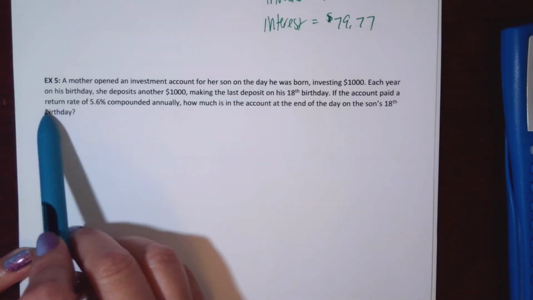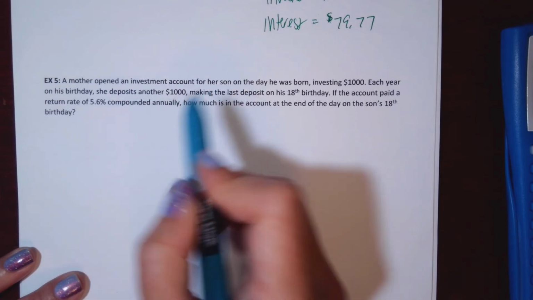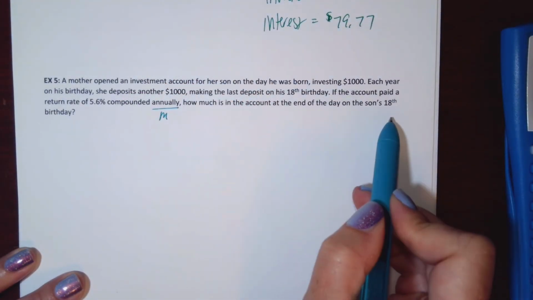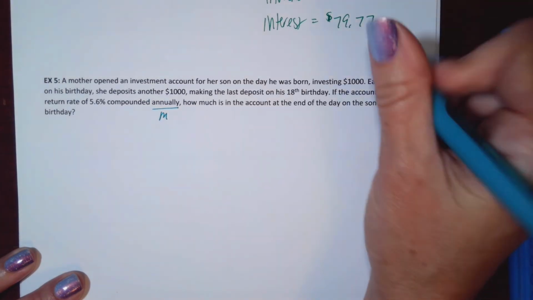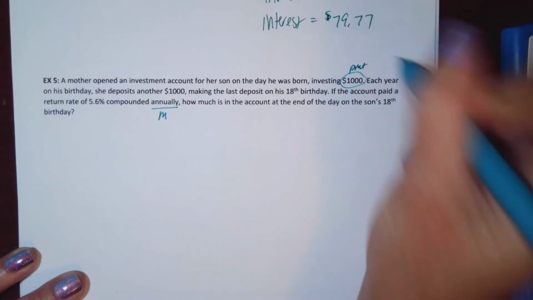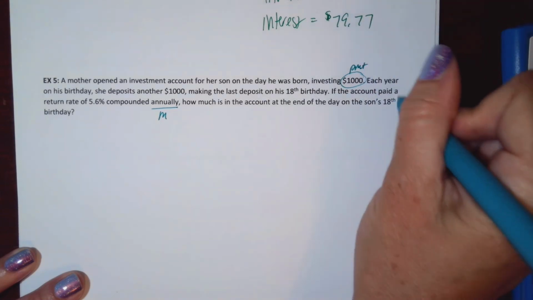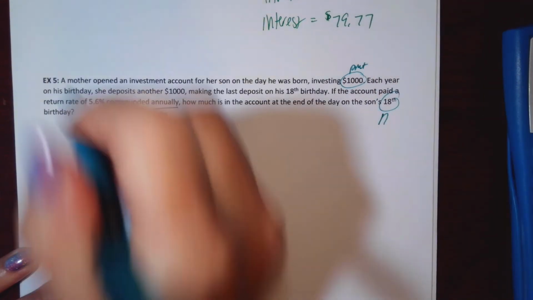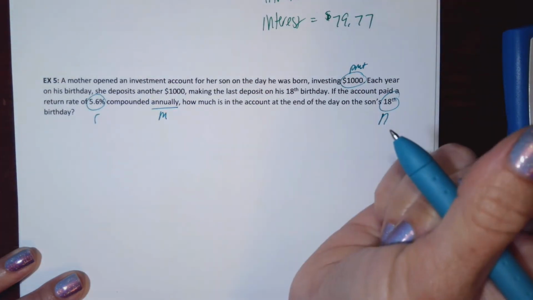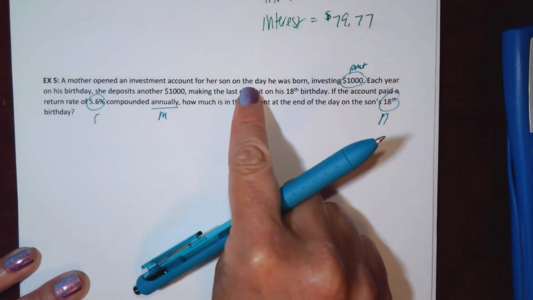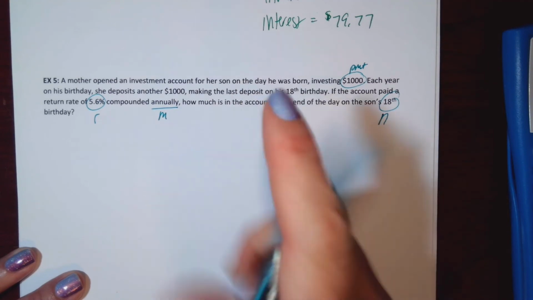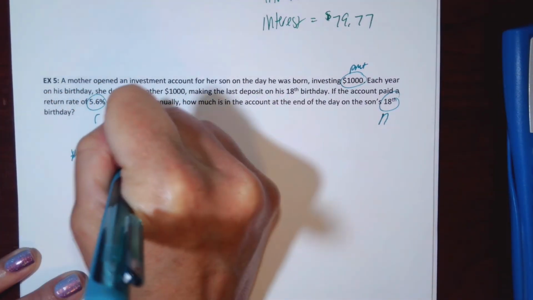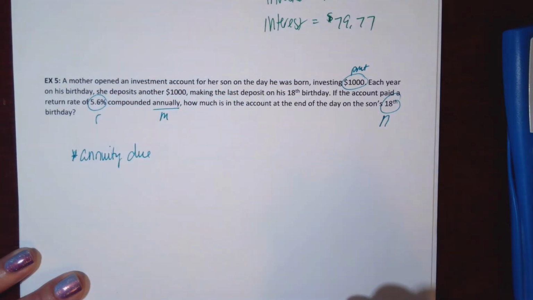If the account paid a return rate of 5.6% compounded annually, how much is the account at the end of the day on her son's 18th birthday? So we've got our payment amount, we've got the number of years, we've got our compounding period, we've got our rate, and we made the payment up front, so we've got an annuity due. So we know which formula we're going to set up.